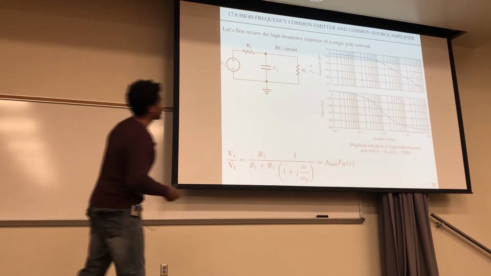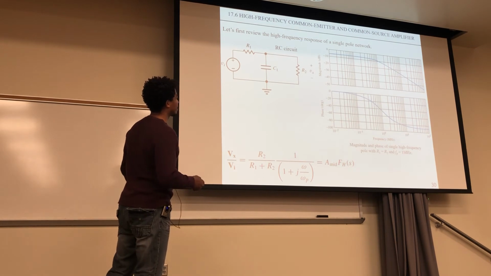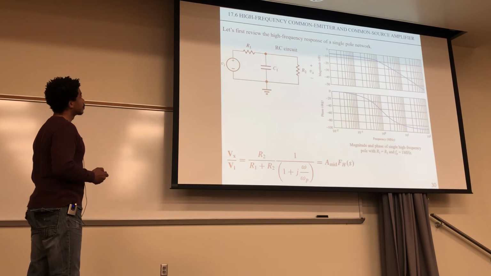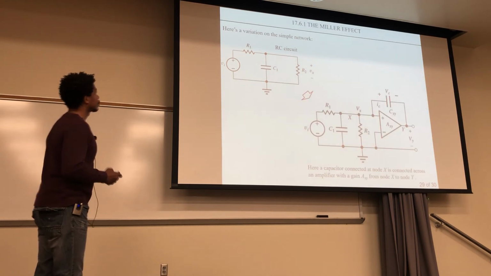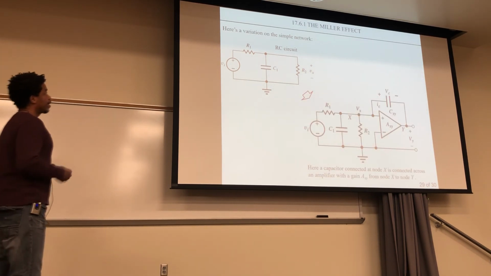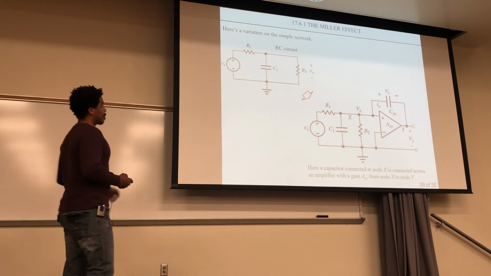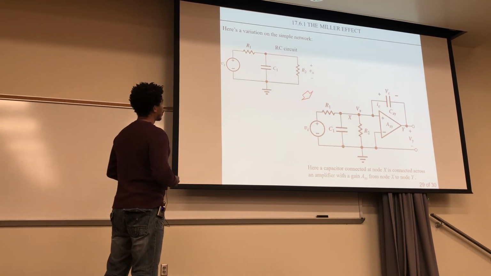Now, here's where we take a variation of this. We did our RC analysis, and now we're going to modify it somewhat. First, we take this and add this component to it.